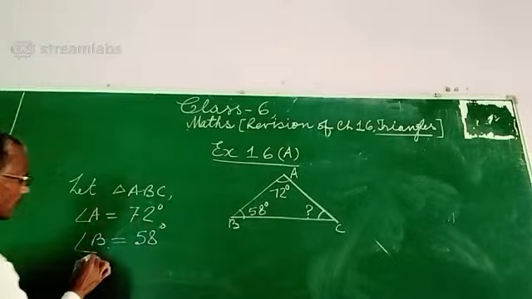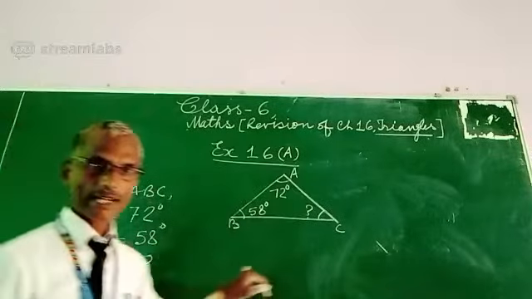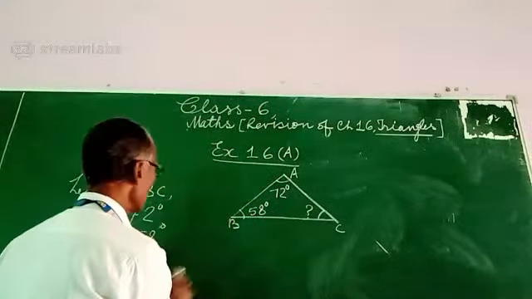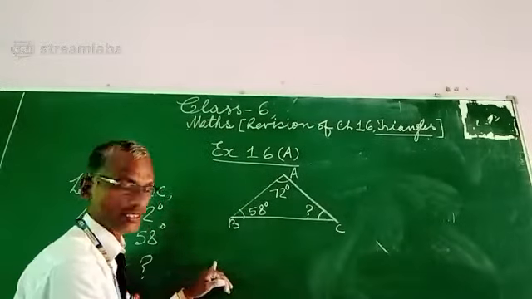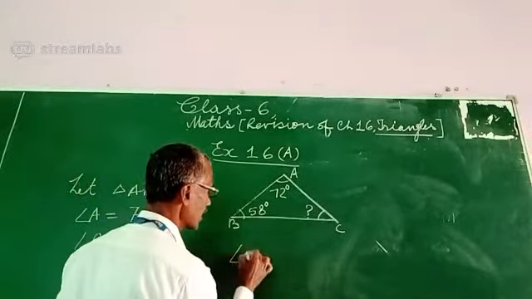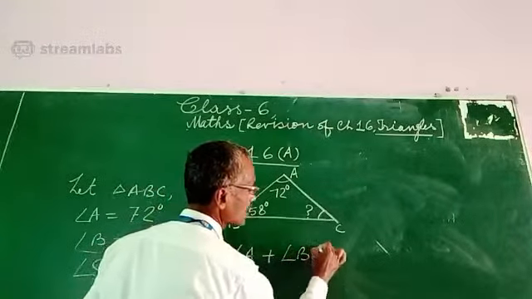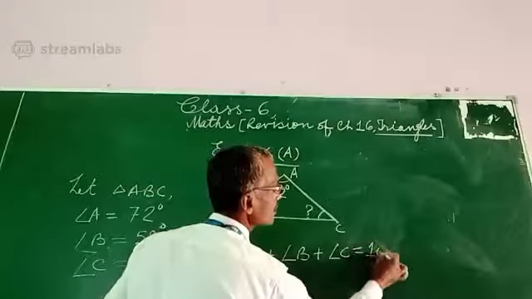Then we have to find out the measure of angle C. So please solve and write the answer. What will it be? We will write angle A plus angle B plus angle C is equal to 180 degree.